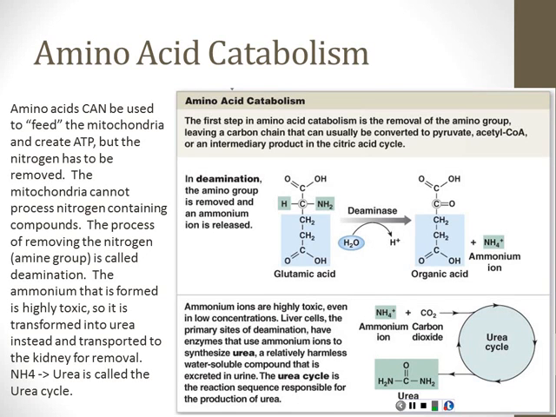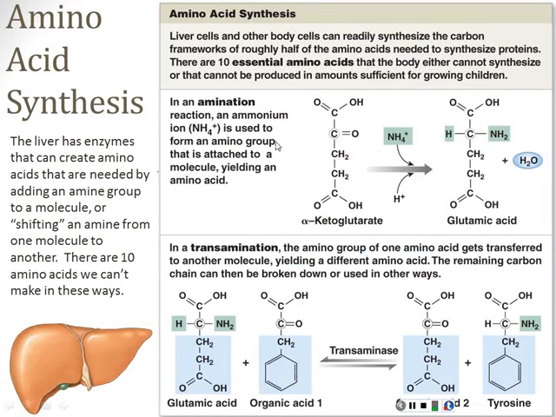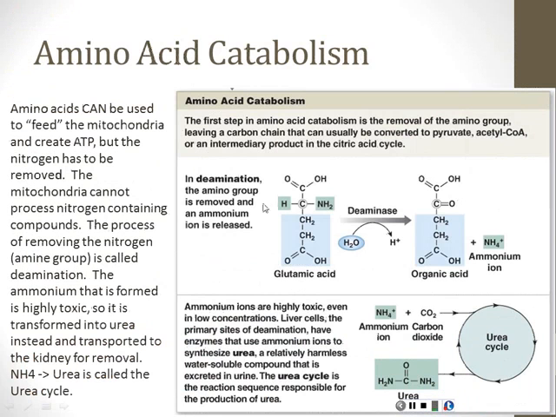And that process is called deamination. So it's the reverse of amination. Amination makes an amino acid. Deamination turns an amino acid into a simple organic acid or a carbohydrate. In that process, we form an ammonium ion.